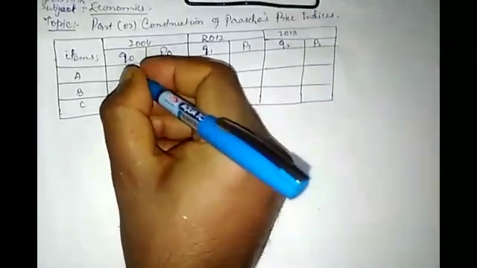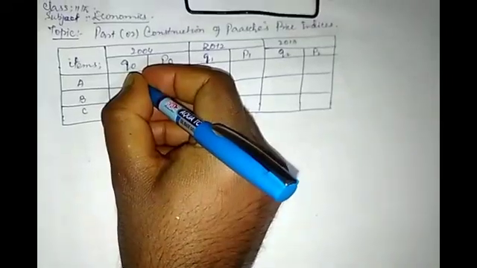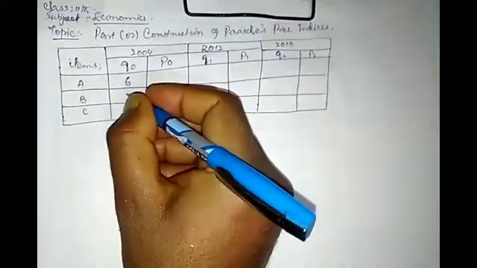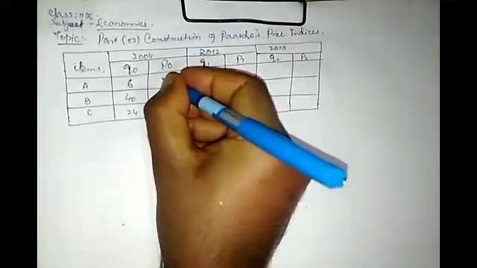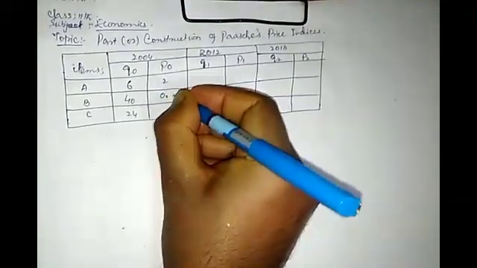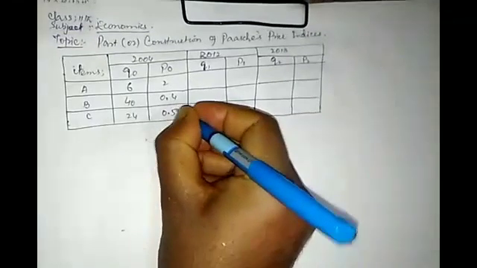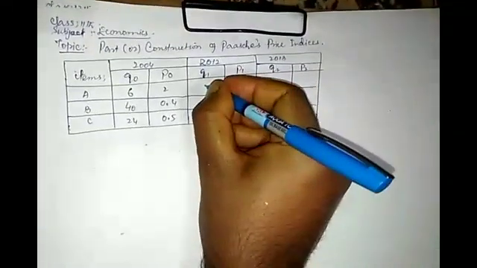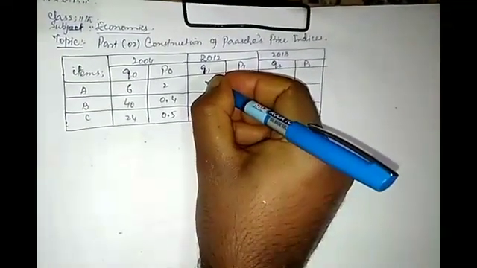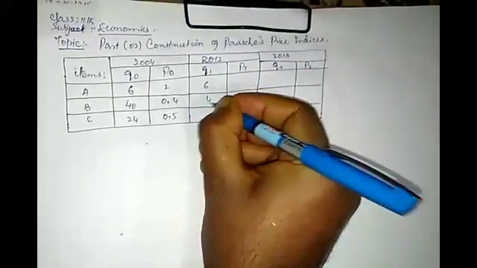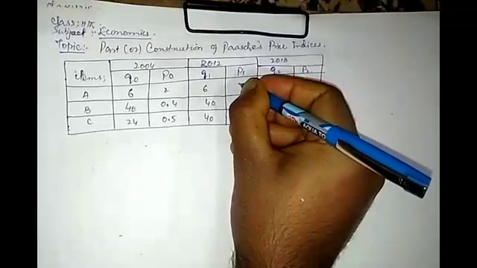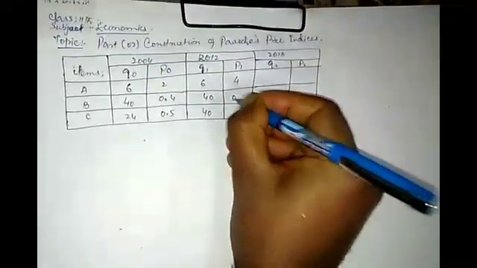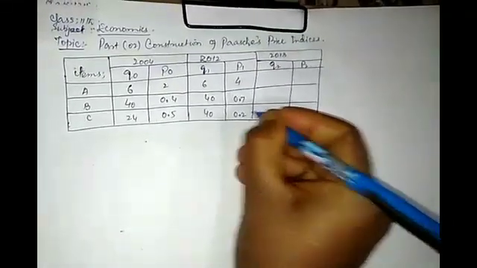We have Q0, it is equal to 6, 40, 24, and price is 2, 0.4, 0.5. Quantity for 2012 is 6, 40 and again 40, and price P1 is 4, 0.7 and 0.2.